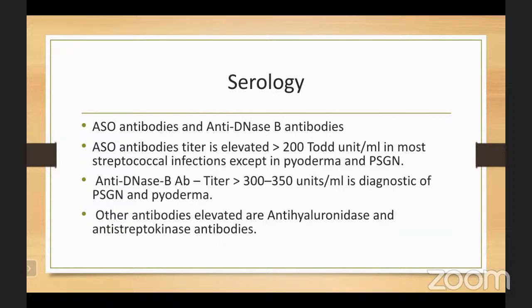An anti-DNase B antibody titer greater than 300 to 350 units per milliliter is diagnostic of post-streptococcal glomerulonephritis and pyoderma. Other antibodies elevated are anti-hyaluronidase and anti-streptokinase antibodies.